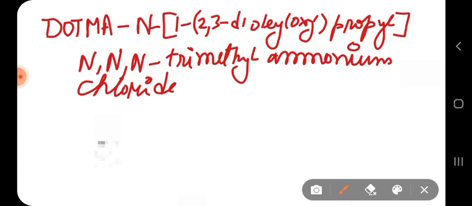This is a cationic reagent used for lipid transfection.